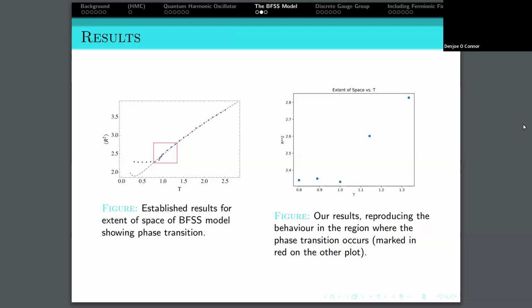And for these results we only got to plot 5 points here. It takes so long to run, but as you can see, around 1 here, you can see a phase transition up here. This just represents the size of the membranes we're working at. It changes as the temperature increases.